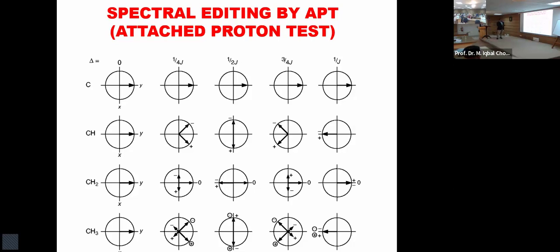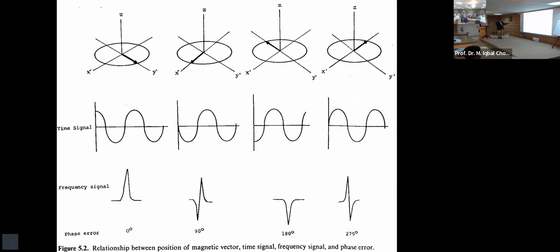This is called the attached proton test. This is what I was showing. Some signals start from positive, some signals start from negative, some start from negative and positive. So you can see that this is your CH2.